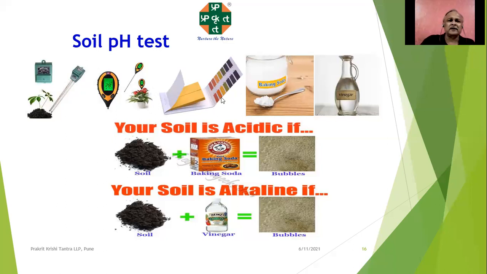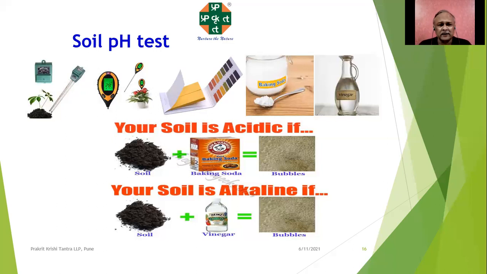These strips are there, and here the different colors are there, and besides the colors, the range of pH is mentioned here in small numbers. So what you need to do is take 2-3 spoons of soil in a container, add water, dissolve the soil perfectly, stir it, and then allow it to settle down.